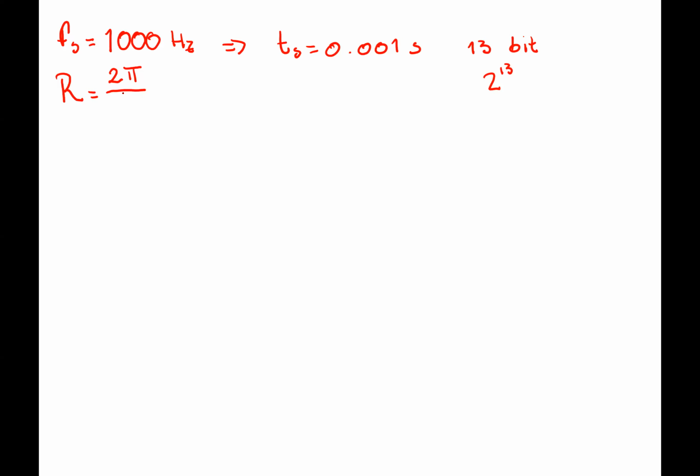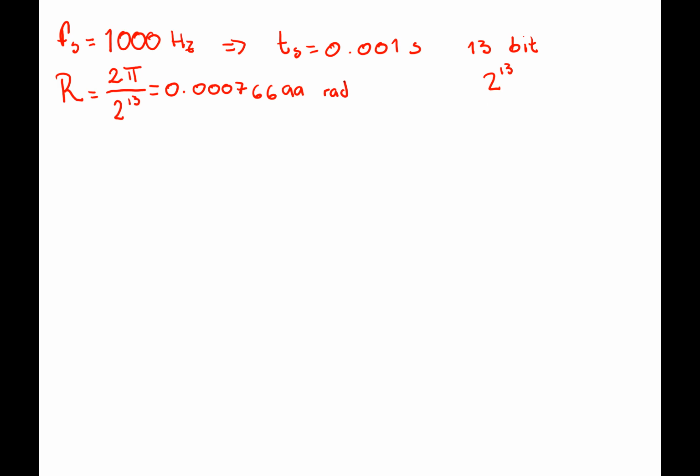Okay, so we divide 2 pi by 2 to the power of 13, and I already did this computation, which is 0.0007699 radians.